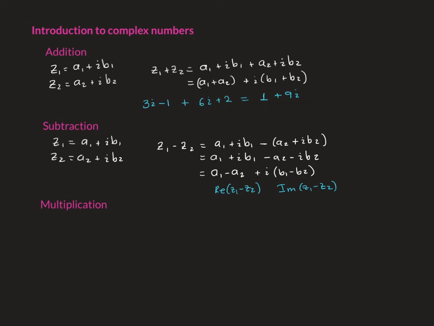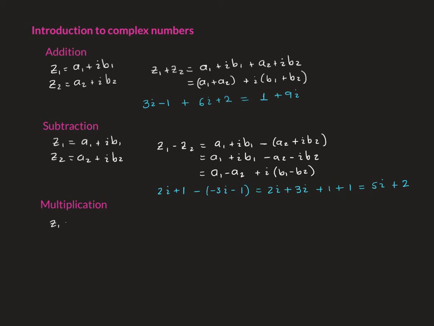Let's consider the number 2i plus 1 minus the number minus 3i minus 1. In this case, we can write this as 2i plus 3i plus 1 plus 1, and that is 5i plus 2.